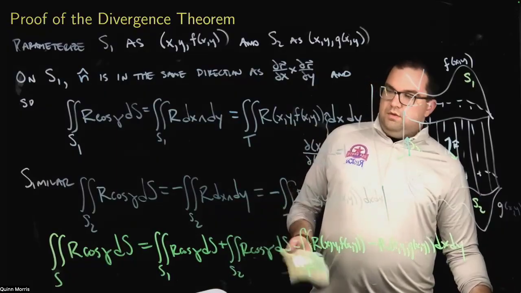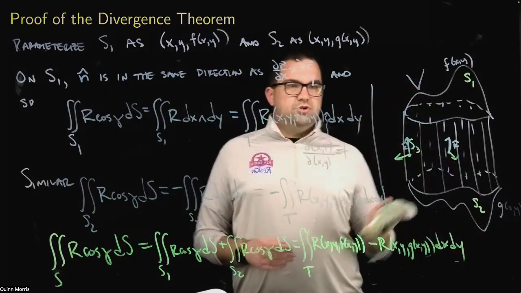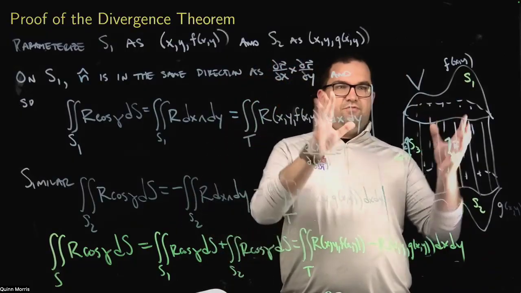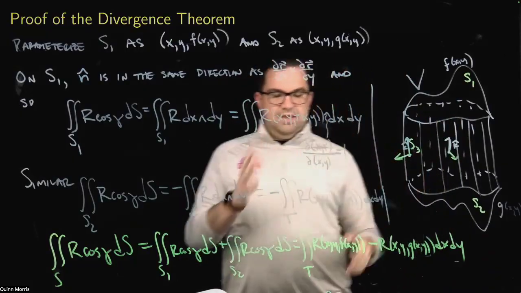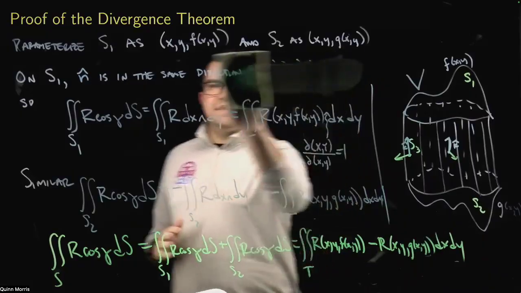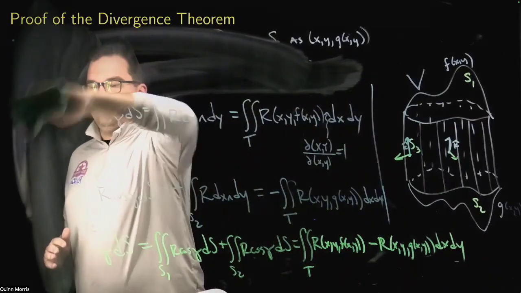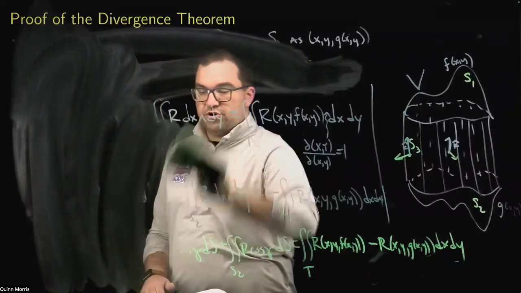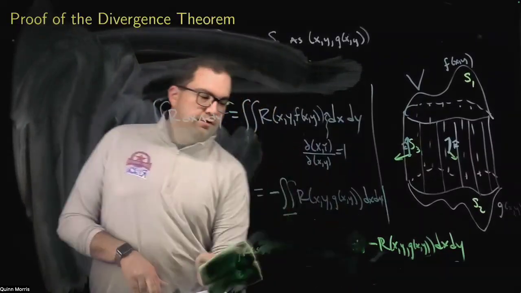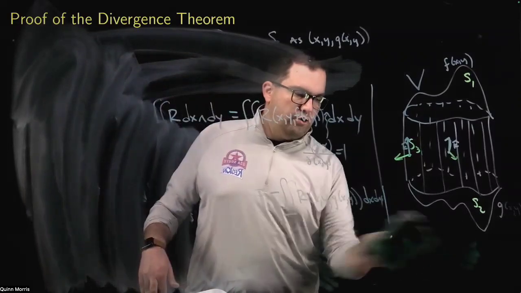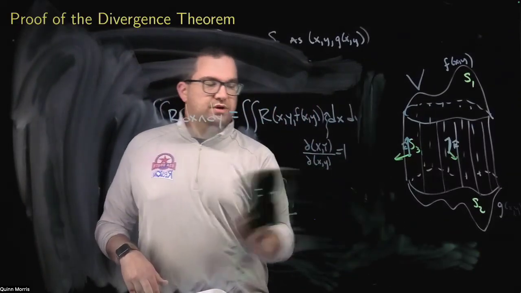Now, to do the others, you assume that V has a different form. Fundamentally, the idea is just like before, when we assumed for Green's theorem that we were looking at a region that was both type 1 and type 2. Here you're going to have a volume V which satisfies 3 different conditions.